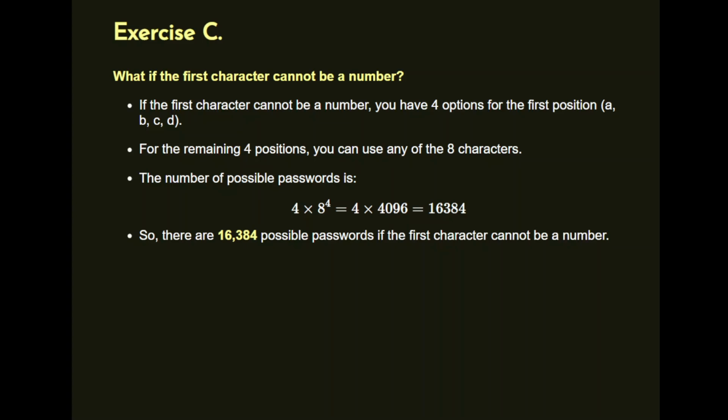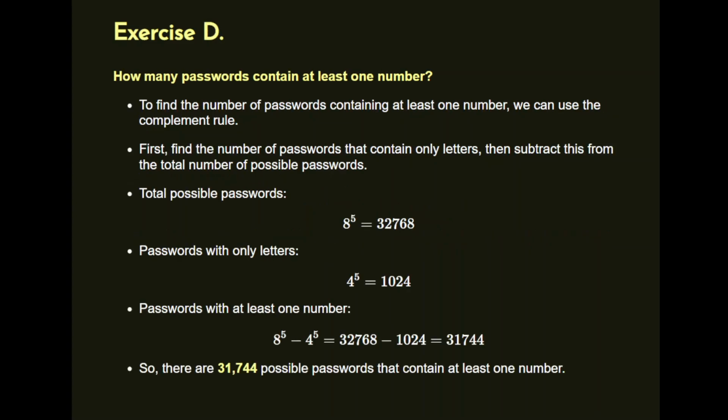Moving on to exercise D. How many passwords contain at least one number? This is where we use some previous results. The approach to take here is the complement rule.